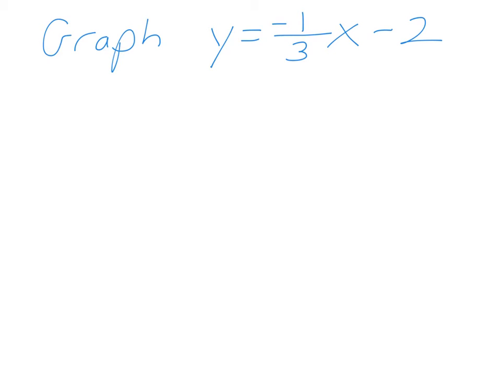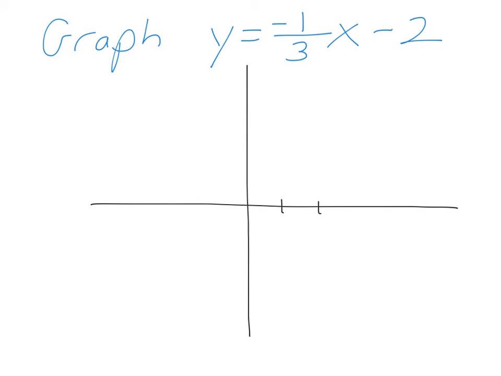If you did this right, you would have made a graph and you would have said, I start at the point (0, -2). The slope is -1/3. That tells me to go down 1 and over 3.